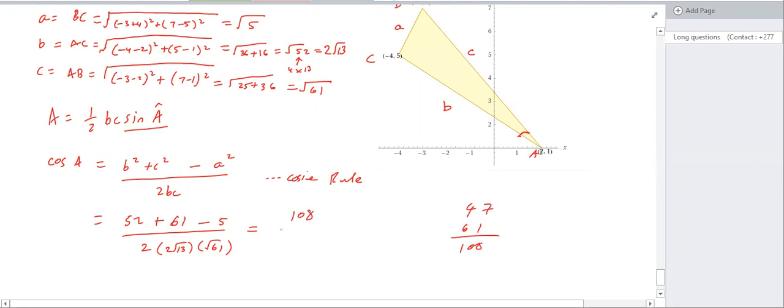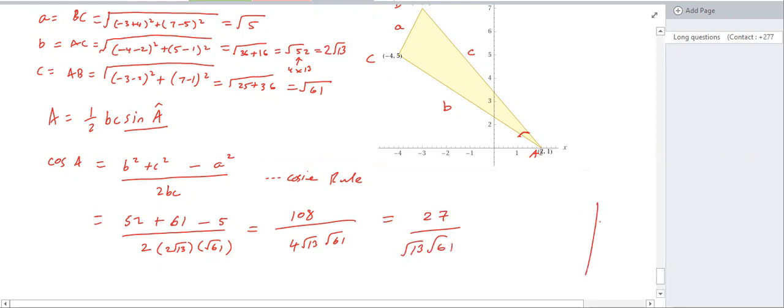And then we take 108 divided by 4 root 13 root 61. 108 divided by 4, we should get 27 over root 13 root 61. Now that is cos of A.